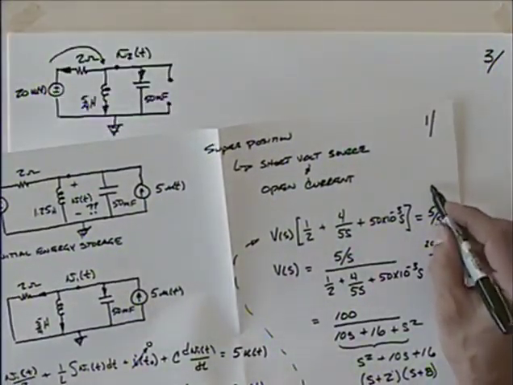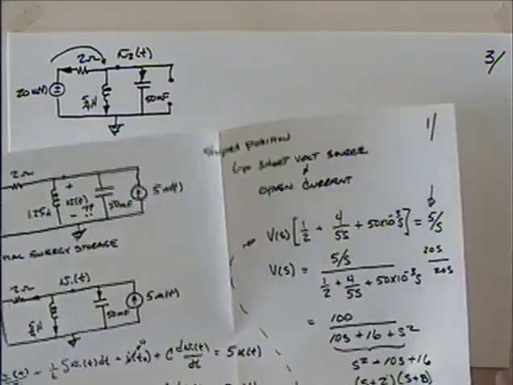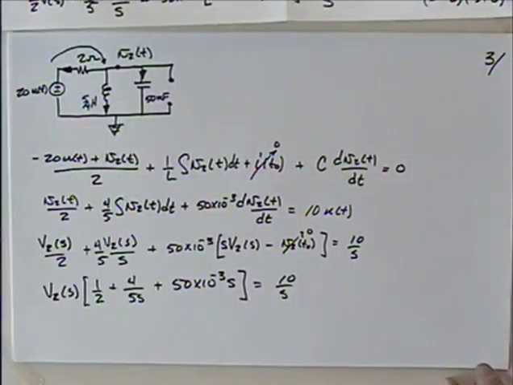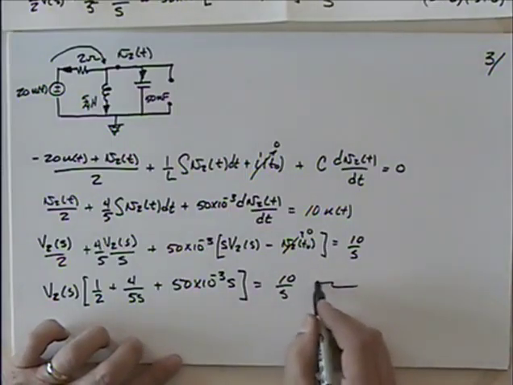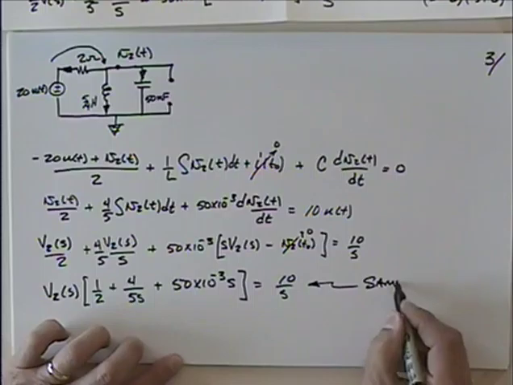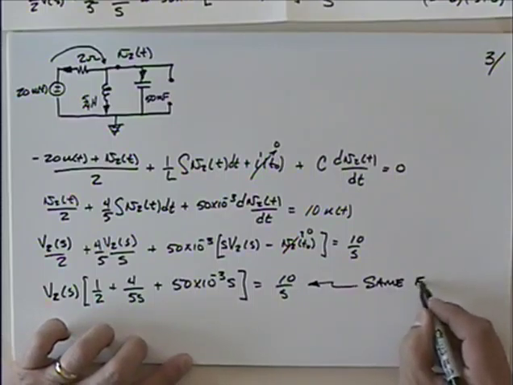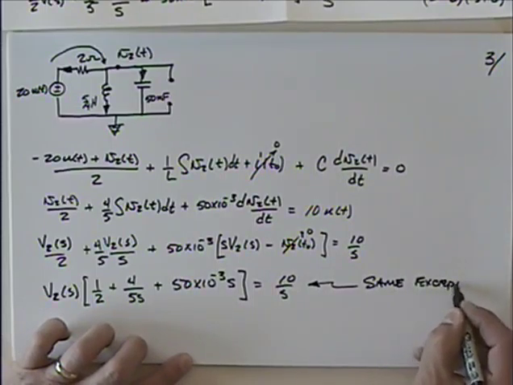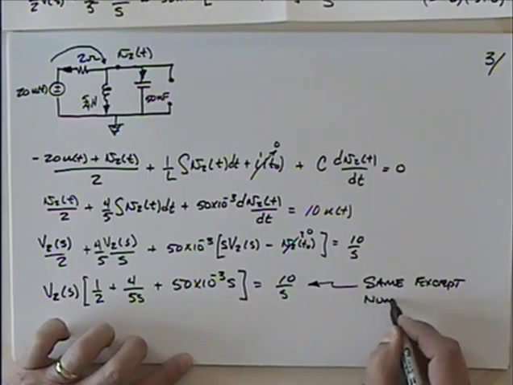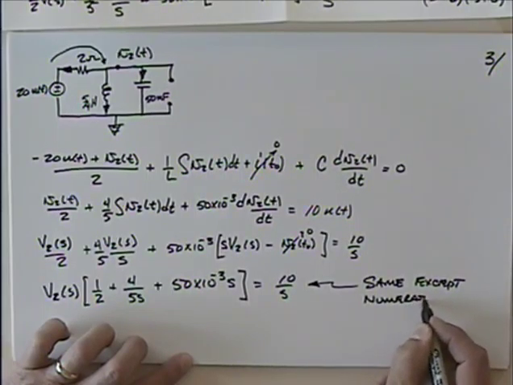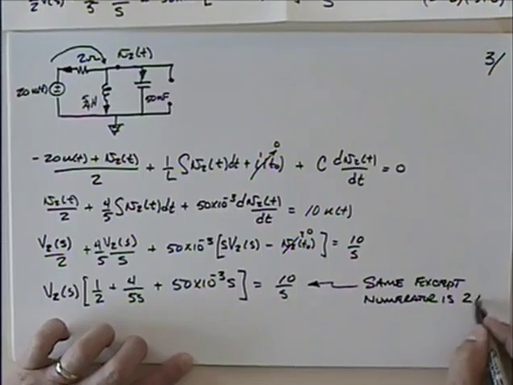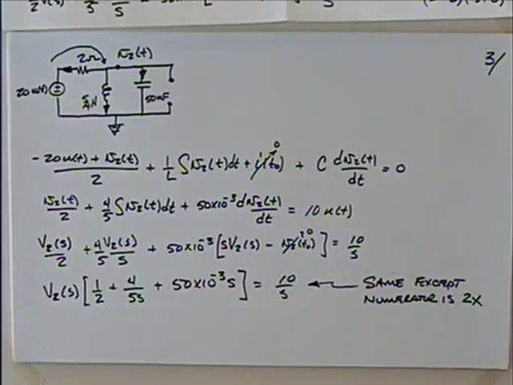Everything's the same except for this term right there, right? Okay. It's the same except the numerator is twice as large, right?